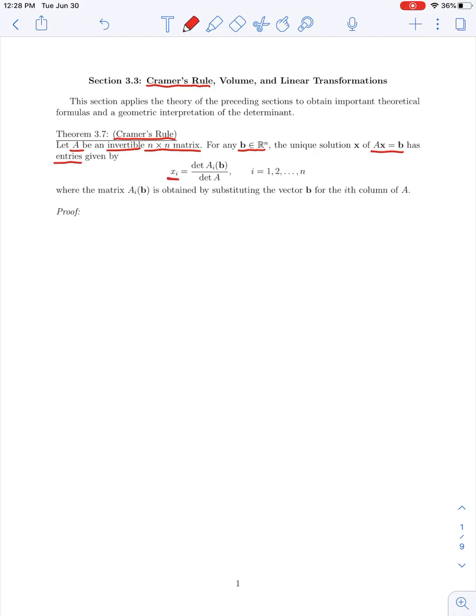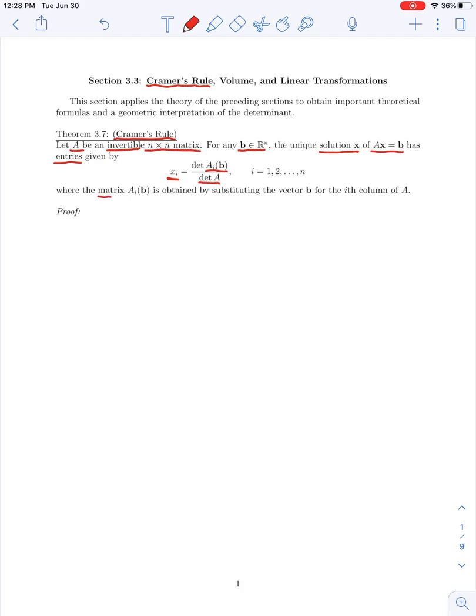So the ith entry of the solution vector x is defined to be the ratio of the determinant of a matrix A sub i of b divided by the determinant of the coefficient matrix A for that system.